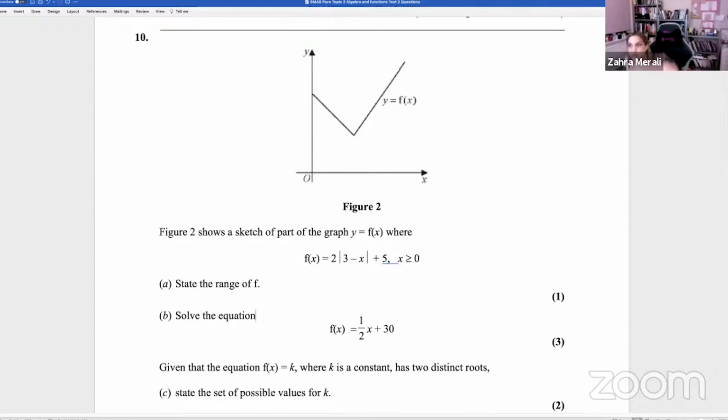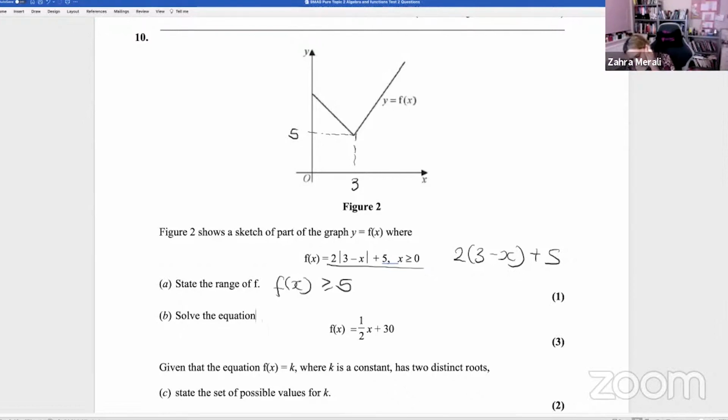So there's no maximum y. As far as we know, that graph keeps going up, but there is a minimum. And remember, this is in the completed the square form. So we know that that point here is going to be (3, 5). So the minimum y is 5. So f of x is bigger than or equal to 5.